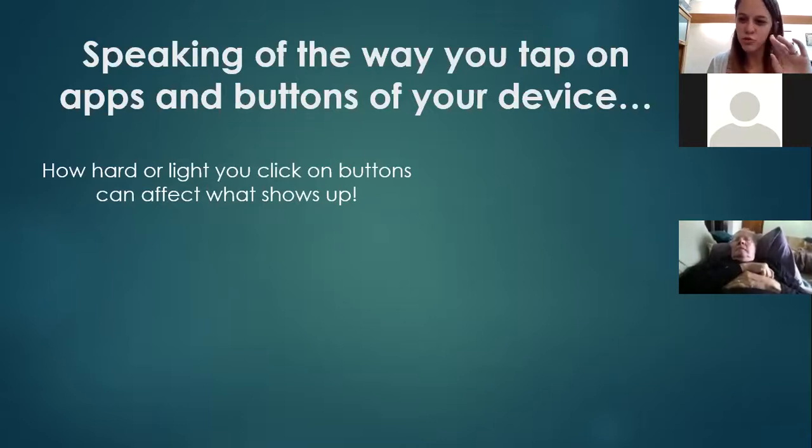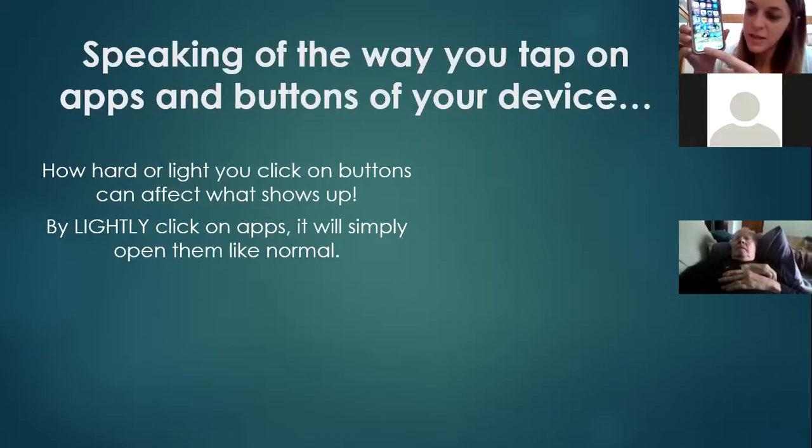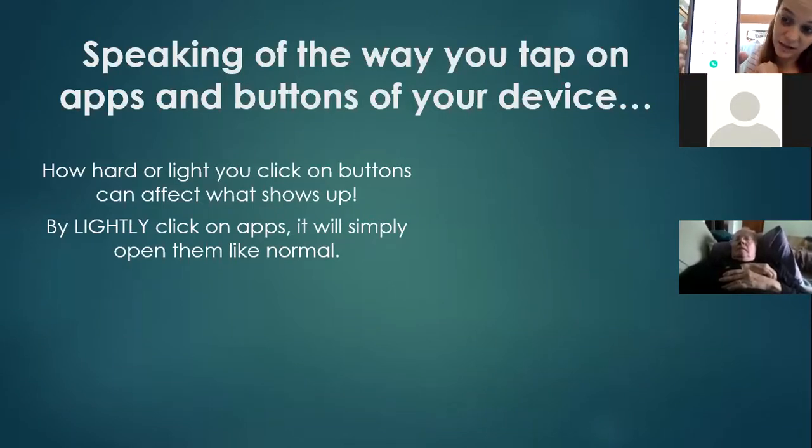And this is a little trick that newer phones and newer devices are doing to offer different options. So I'm going to show an example in just a minute. But let's say I want to make a phone call. If I click on a symbol really lightly, my keypad will show up to make a call.